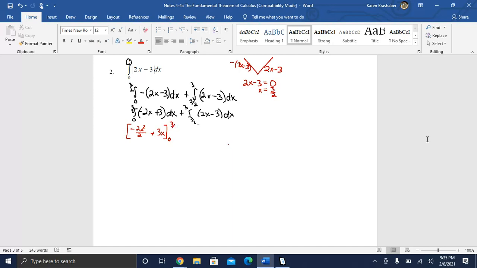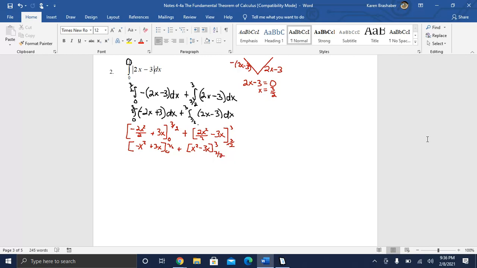And then your next one is, so we'll add on 2x squared over 2 minus 3x, evaluated from 3/2 up to 3. Again, you could take a line and simplify a little bit, so that would be negative x squared plus 3x, going from 0 to 3/2, and then x squared minus 3x, going from 3/2 up to 3.